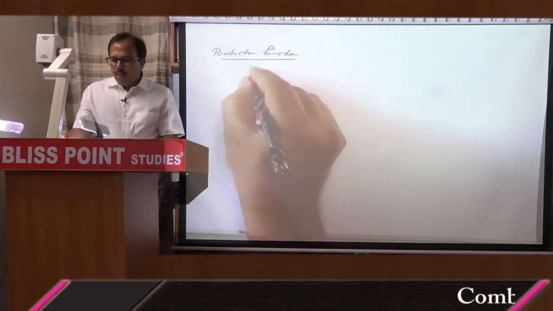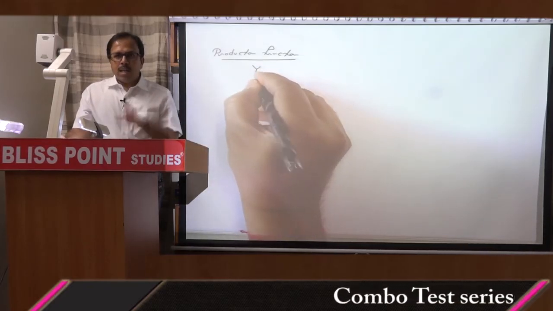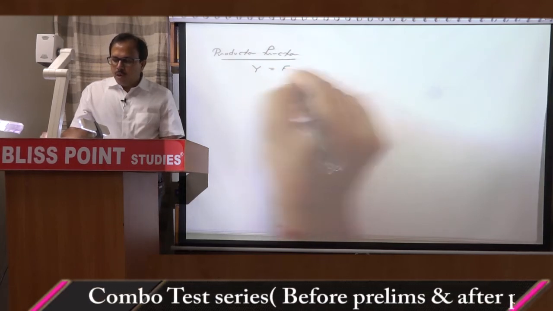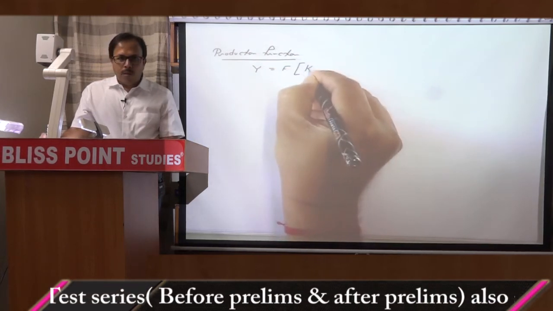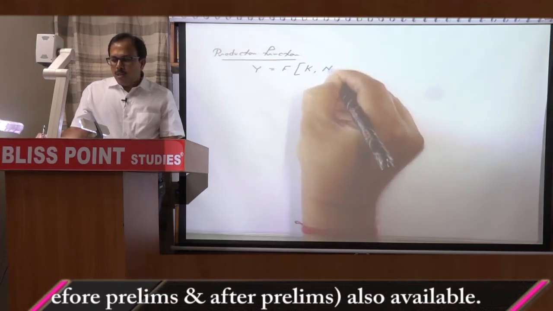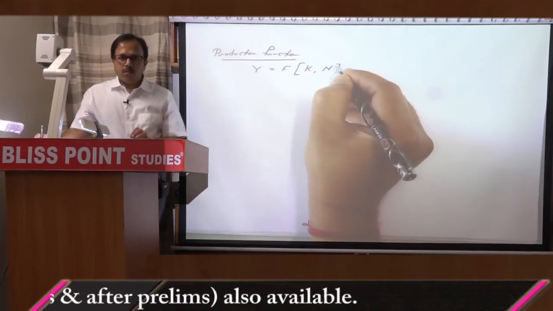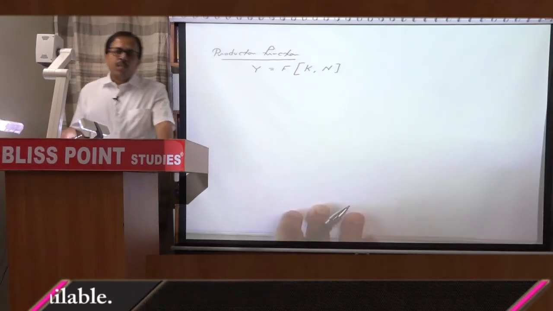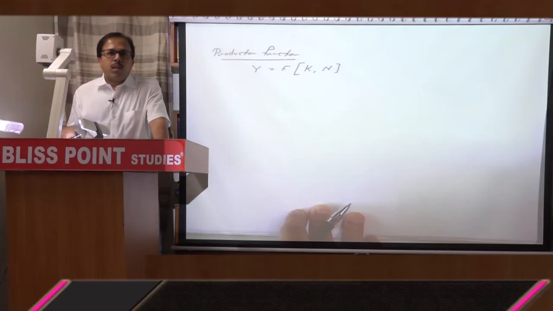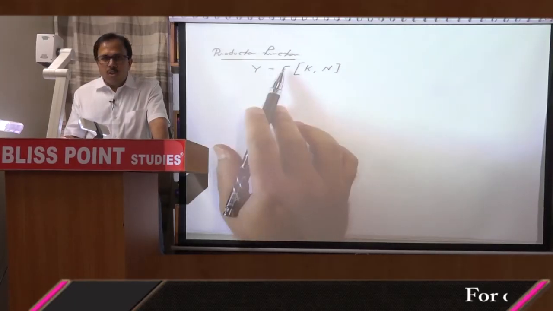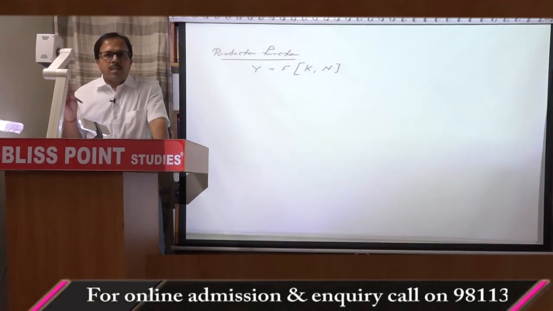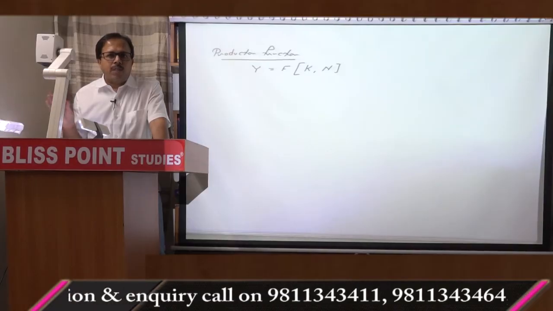Aggregate means when I say output here, it is the aggregate output of the economy, said to be a function of the stock of capital and employment of labor, denoted by N. It is not the entire labor force that will determine output, only that part of the labor force which is employed. So output is a function of the stock of capital and employment, based upon a given state of technology we are assuming.